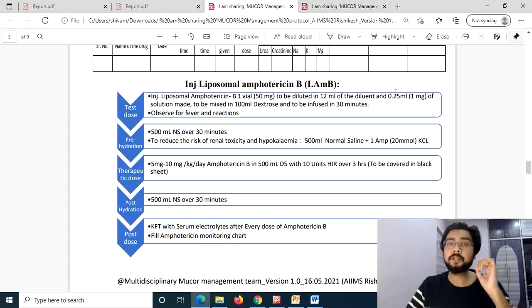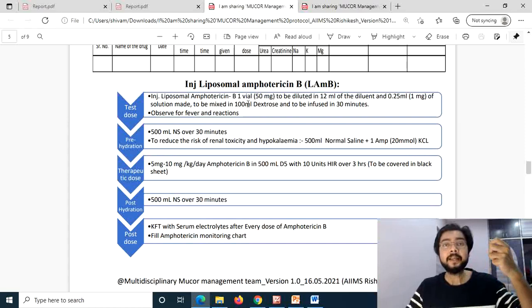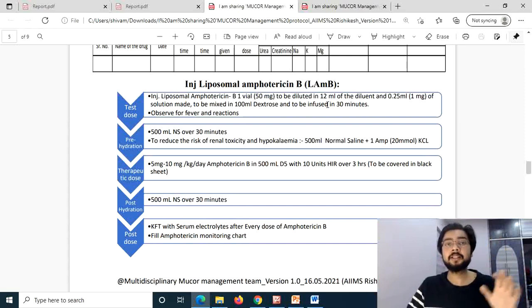Then you will mix 0.25 ml of the solution, that means 1 mg, in 100 ml dextrose and give it over around 30 minutes.